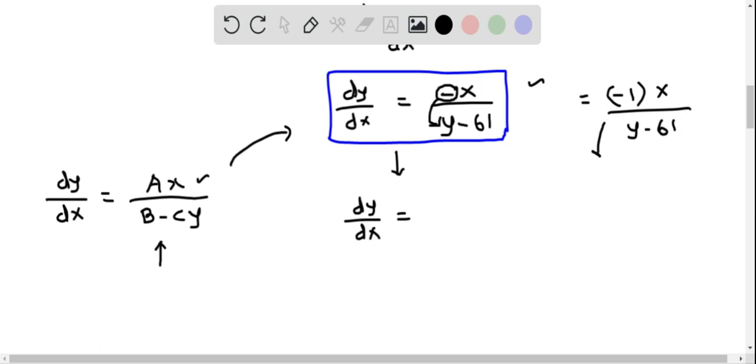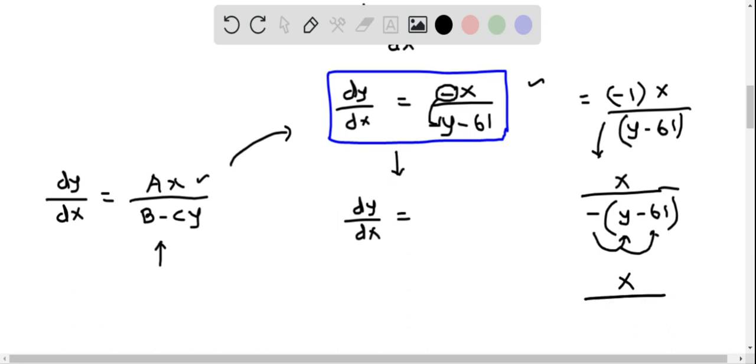When you do the algebra, we can transpose this negative to these two terms. That is, we can put this as x divided by negative of y minus 61. And this means we can distribute this negative, which is nothing but negative 1, to these two terms inside the brackets. So therefore, this will become x over, when you multiply with negative 1.